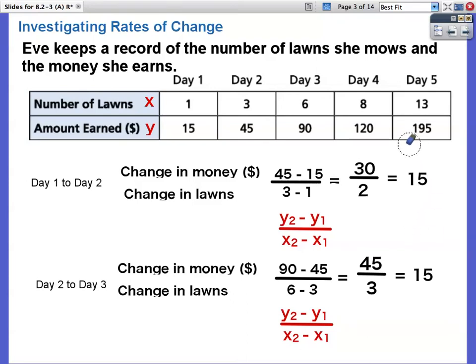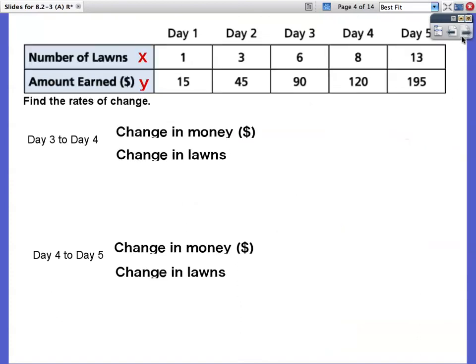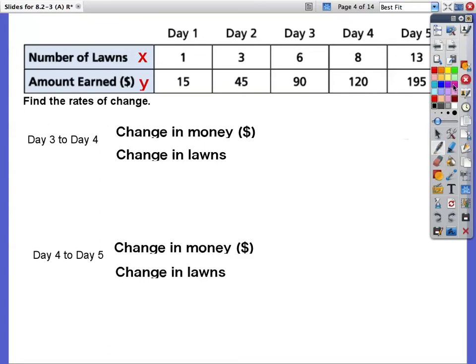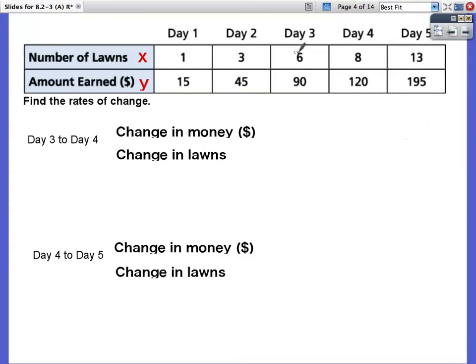Let's do one more, and I'm going to talk about it in a slightly different way, in case this hasn't clicked yet. Let's continue this task, but this time, let's find the rate of change from day 3 to day 4. Okay? Notice in day 3, this is our x, and this is our y.